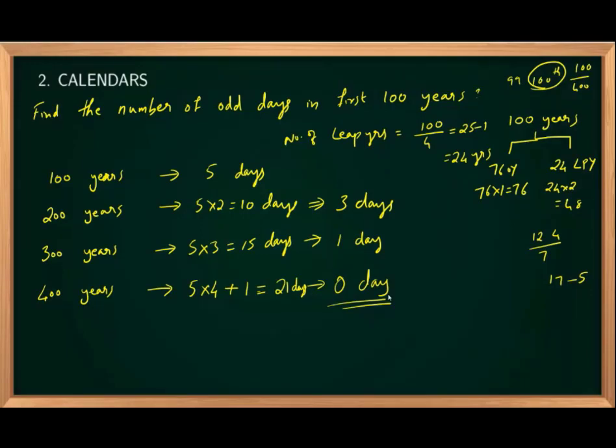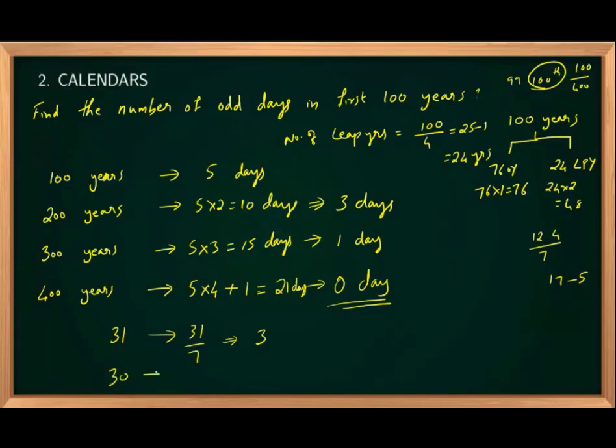Yes, the answer is 3. For a month with 31 days, the number of odd days will be 3. So if a month has 31 days, the odd days will be the remainder of 31 divided by 7, that is 28 plus balance 3.